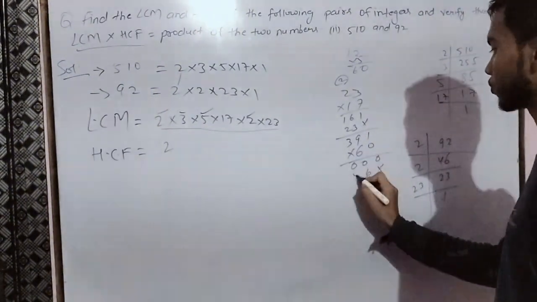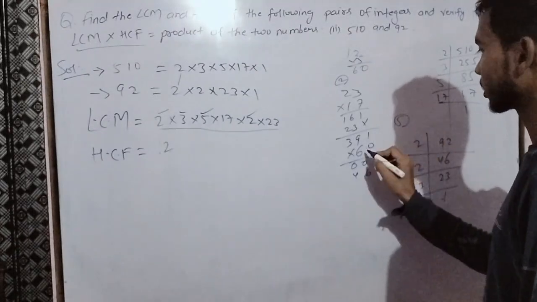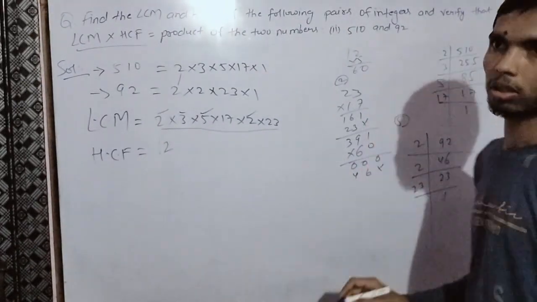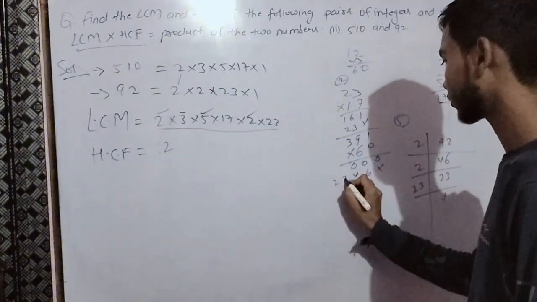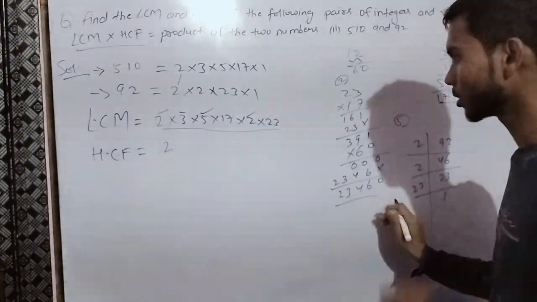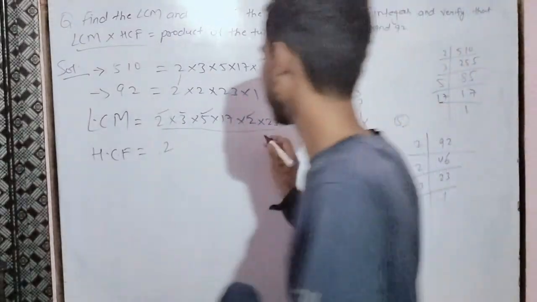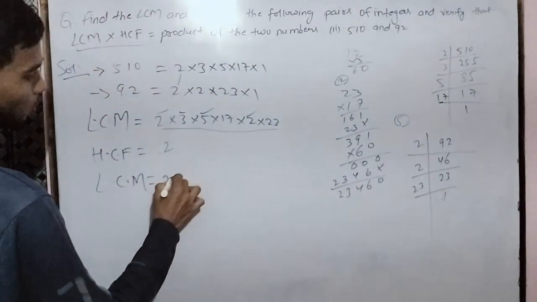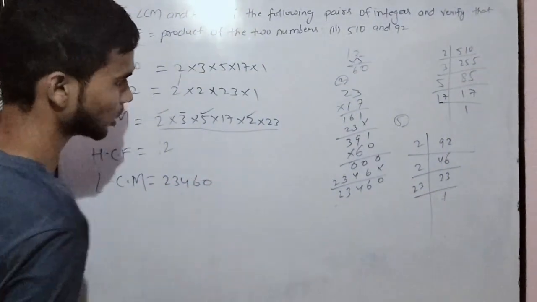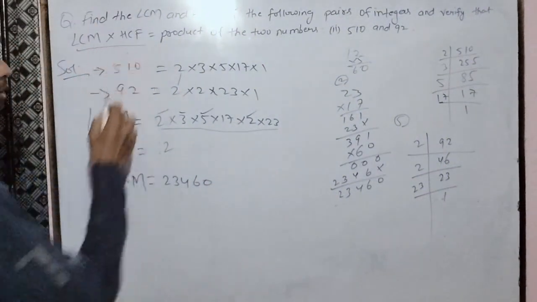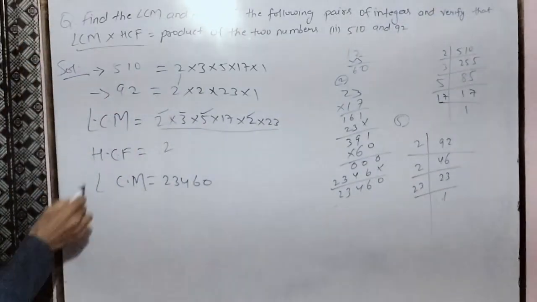6 4 5 18 and 5 23. 0 6 4 8 2. Finally, the LCM is 2 3 4 6 0. Okay, 2 3 4 6 0. Now the teacher was saying you have to multiply this.